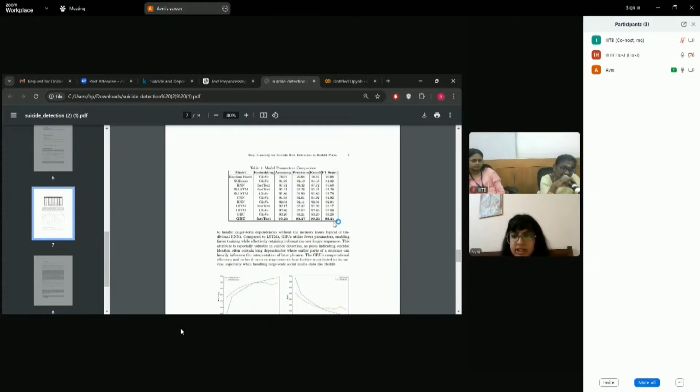Ma'am, when the GRU model is trained, it uses its gates, update and reset, to understand the context. For example, if it is a two-sentence post, and in the first sentence the person says I am really happy, and in the second says I feel like jumping off a cliff or jumping off my building, then if we understand the whole context, it is not suicidal, because we are dealing with longer dependencies.